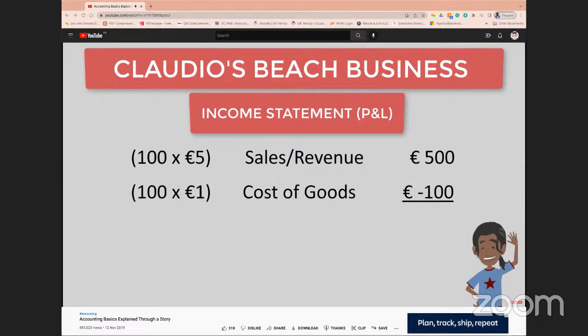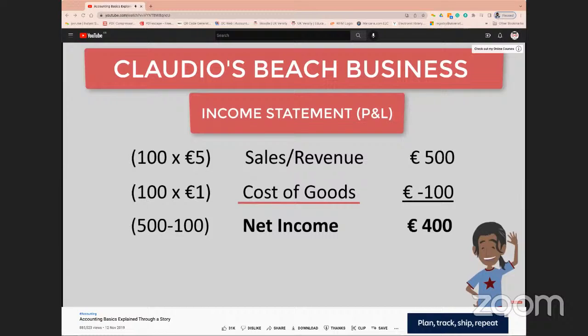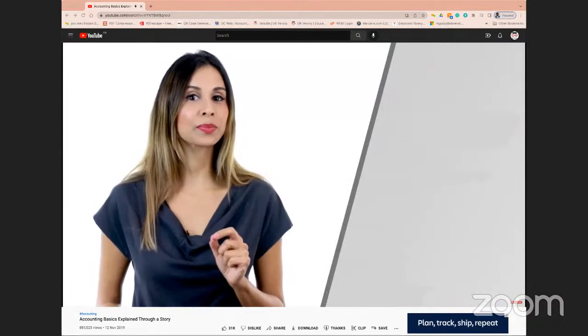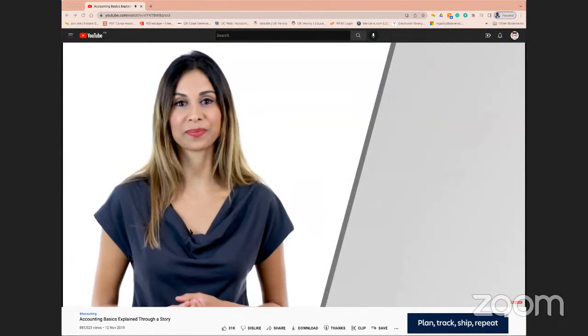Therefore, in total, his costs were €100. We call this the cost of goods, which we need to deduct from revenue. To keep it simple, we don't consider any other costs for now, like fees and taxes. If we add this up, we can see that Claudio made a profit or net income of €400. That's how a simple income statement would look like.